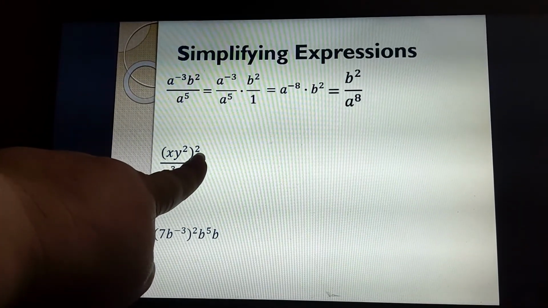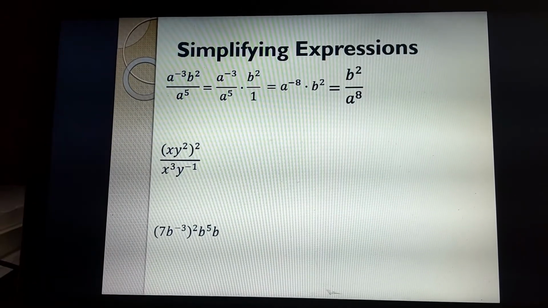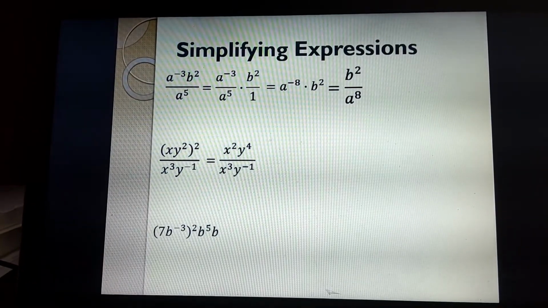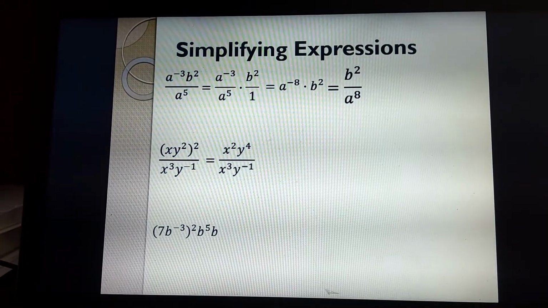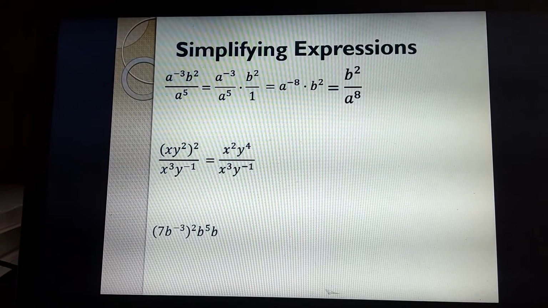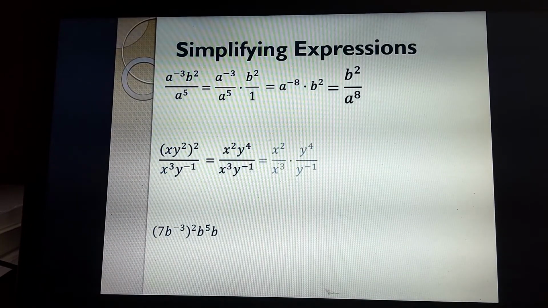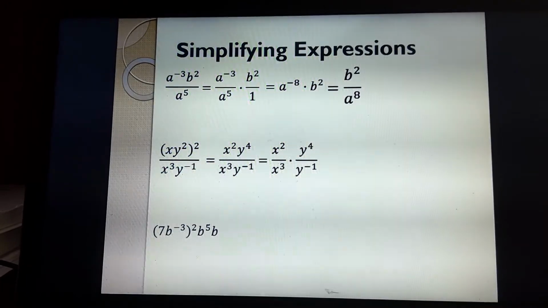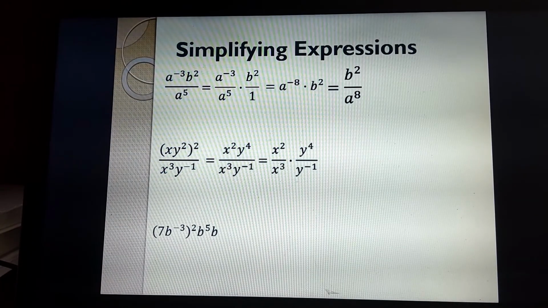But you have the exponent on the outside, so we're going to distribute it. So the top is going to become x squared y to the 4th. My bottom has stayed the same. Now I split it up just like the problem above it. So I've got x squared over x cubed and y to the 4th over y to the negative 1.